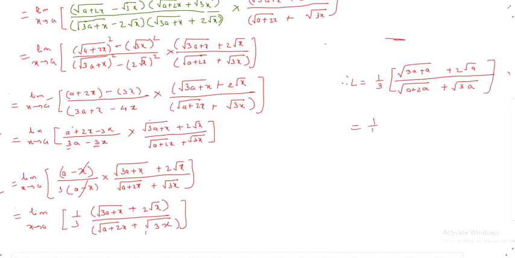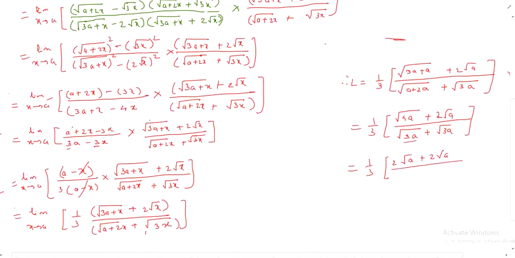So it is equal to 1 by 3 in bracket root 4a plus 2 root a by root 3a plus root 3a, and this can be written as, 4 is a complete square, we can take its square root, that is 2, and in the denominator both the terms are same, therefore we can write them this way, 2 root 3a.